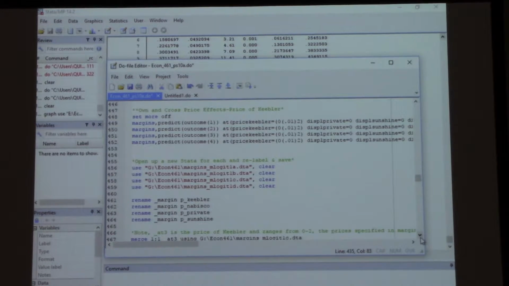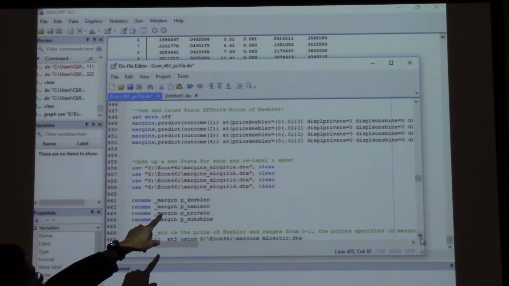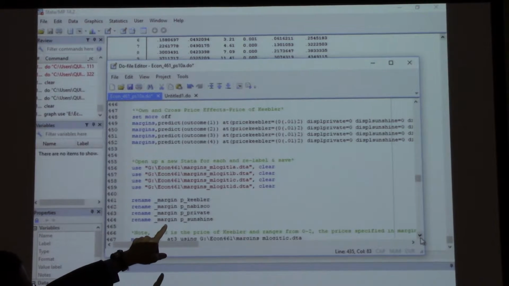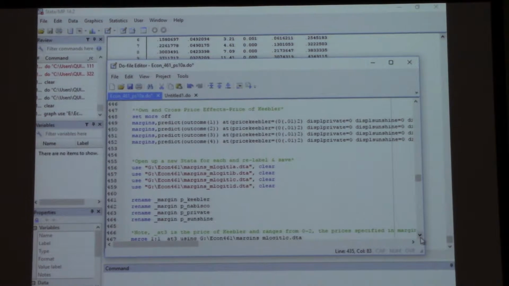So that's our own price effect. And then all the other ones are the effect of price of Keebler on 2, which is Nabisco, the effect of price of Keebler on 3, which is private label, the effect of price of Keebler on 4, which is Sunshine.